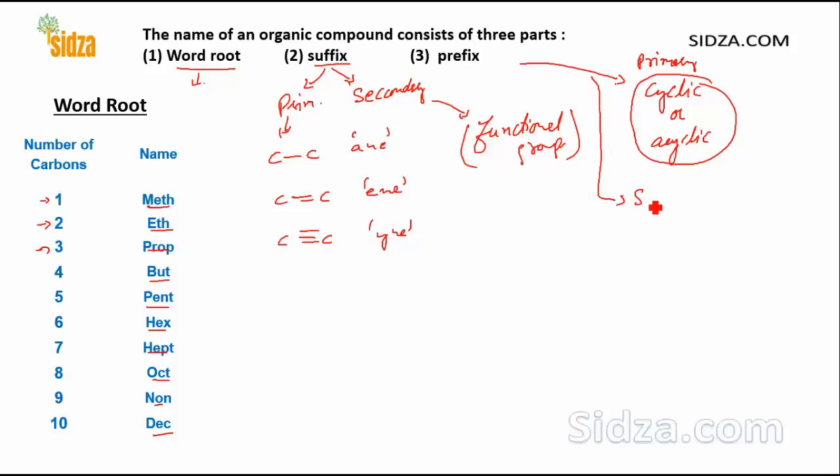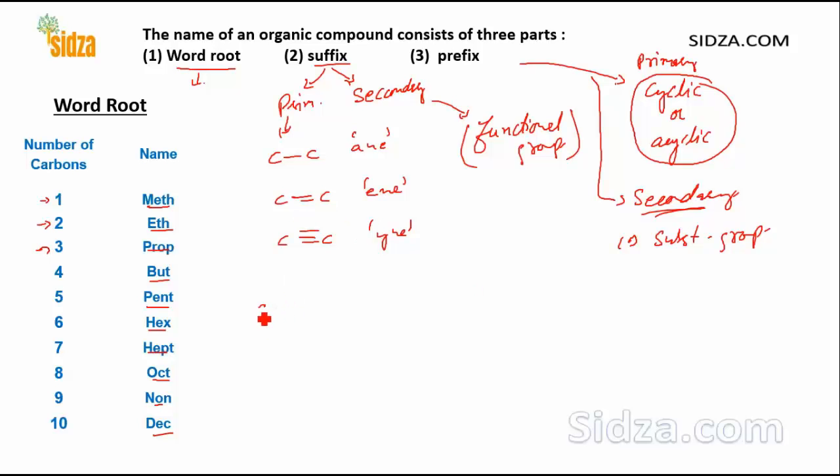Sometimes we also use a secondary prefix. The secondary prefix refers to any substituent group the molecule has. If a molecule contains any substitution group, we use the term secondary prefix for that. Let's explain it with one example.